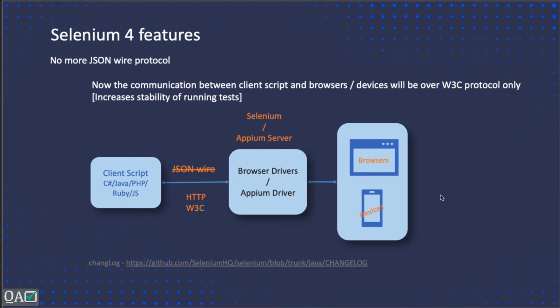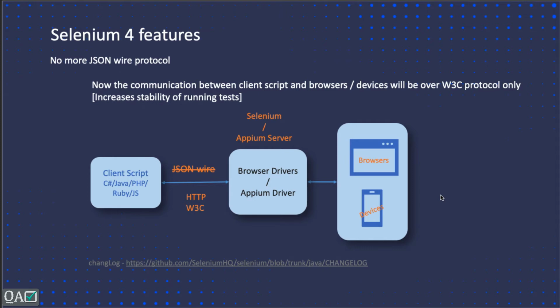Your scripts will be converted or encoded so that the JSON wire protocol can hand over to the browser drivers, because browser drivers are basically driving your script and sending that to the browser so that the browser can understand your request and perform that action.